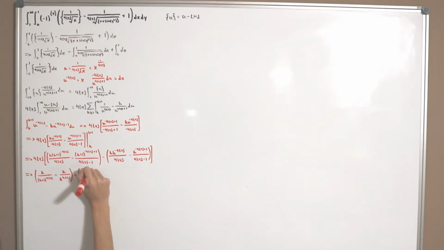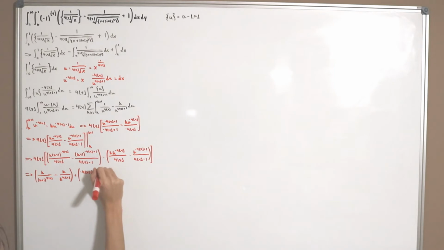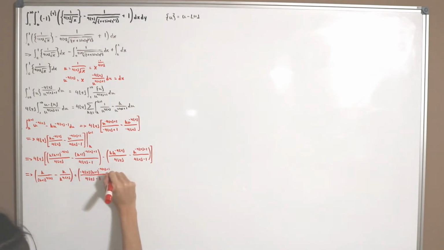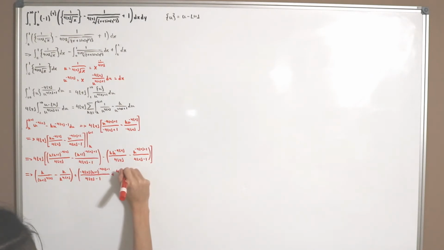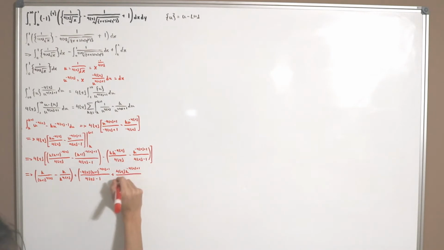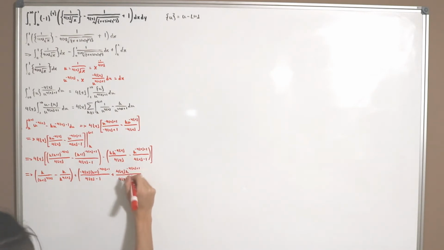So this is 4 floor y multiplied by k plus 1 to the power negative 4 floor y plus 1, divided by 4 floor y minus 1, plus 4 floor y multiplied by k to the negative 4 floor y plus 1, divided by 4 floor y minus 1.